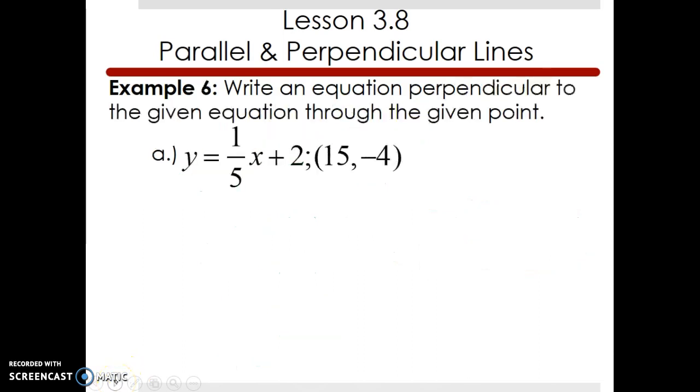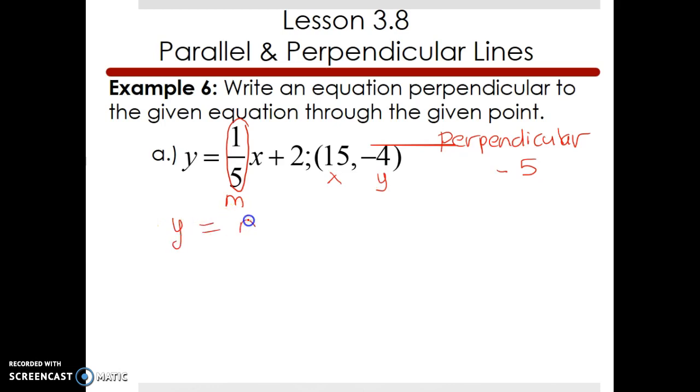Same thing with a perpendicular line. This is your m. For perpendicular, you want the negative reciprocal. So if it's 1 over 5, you want -5 over 1. Over 1 just means -5. Again, you have your point, you have your x and your y. I'm going to plug it into my y equals mx plus b.